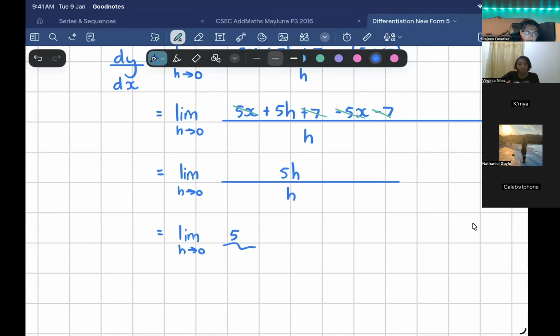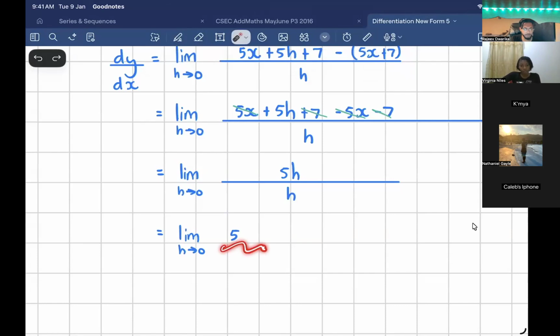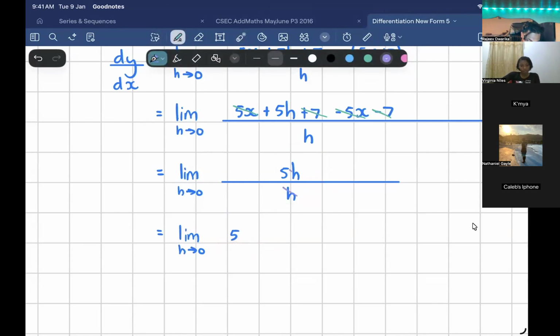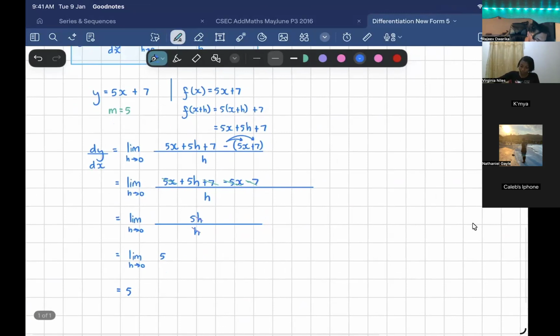Nathaniel, you see that h remaining? Caleb, you see that h remaining? No, sir. The h cancelled off over here. So your final answer is just 5. You don't have anything to plug 0 into. And isn't that what we said at the start, that the gradient is 5? Yes, sir. So the maths is speaking for itself. It's correct.